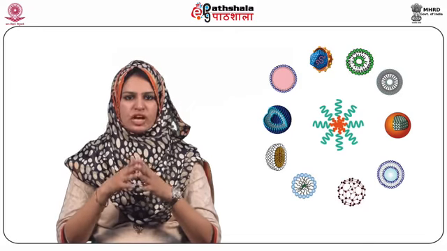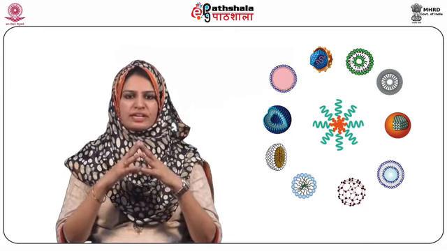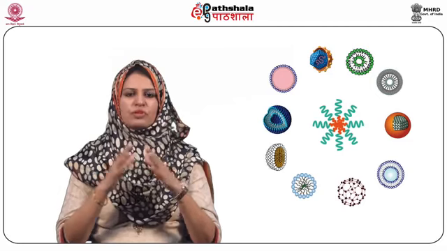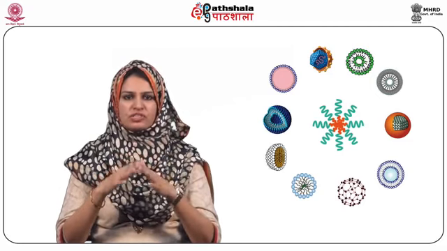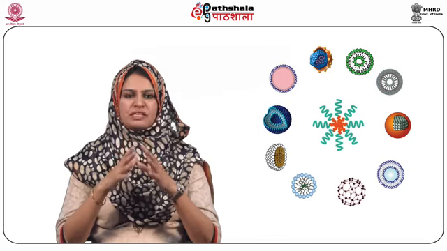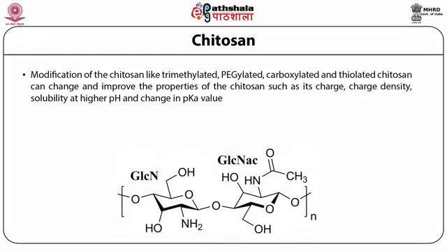Chitosan is a positively charged polysaccharide and is bioadhesive due to the amino groups, which form bonds with the negatively charged mucus secretion of the nose, which is mainly sialic acid. Modifications of chitosan like trimethylated, pegylated, carboxylated, and thiolated chitosan can change and improve the properties of chitosan such as its charge, charge density, solubility at higher pH, and change in pKa value.